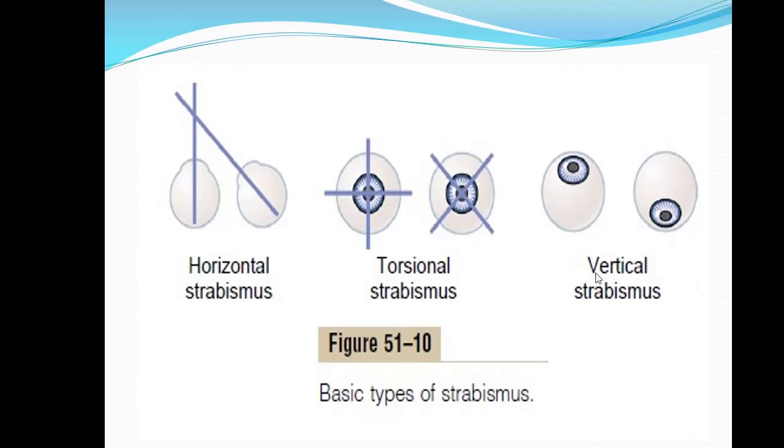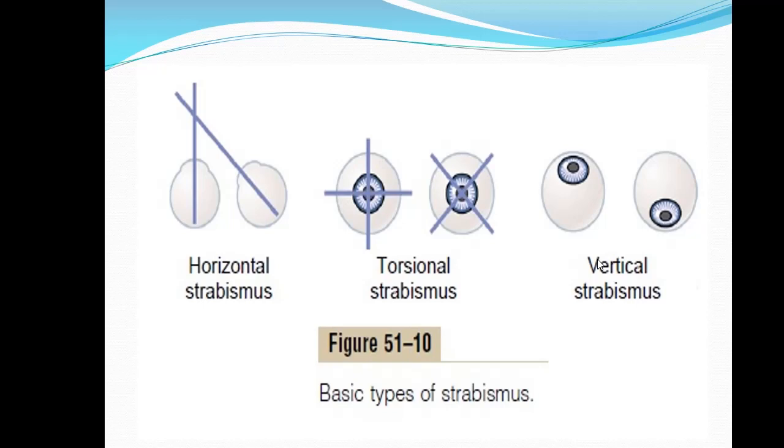I am repeating again, three types of strabismus: horizontal, torsional, and vertical. In horizontal, the eyeball is deviated either inward or outward in the horizontal plane. In torsional strabismus, the eyeballs are deviated in inclined planes, and in vertical strabismus, the eyeball is deviated either upward or downward.